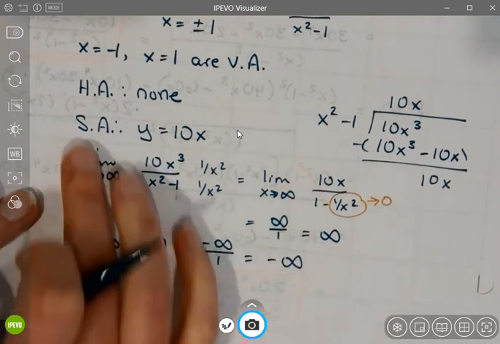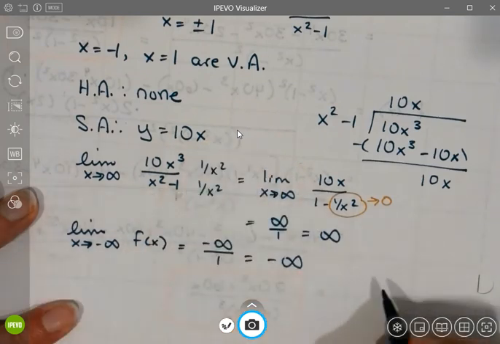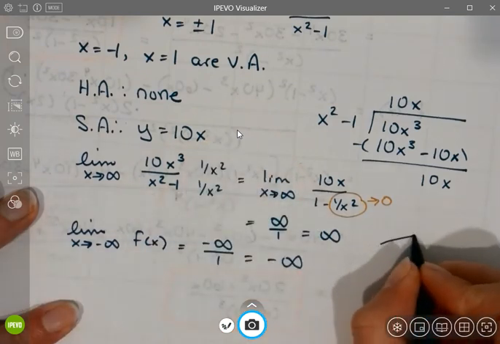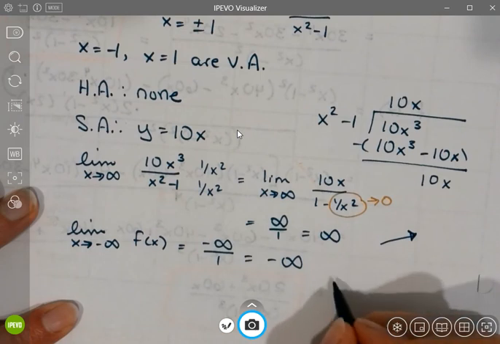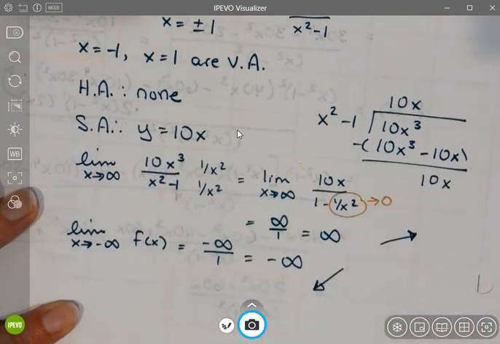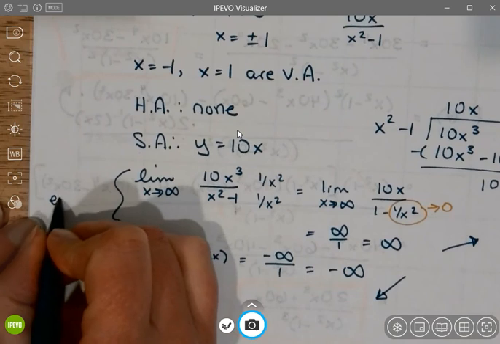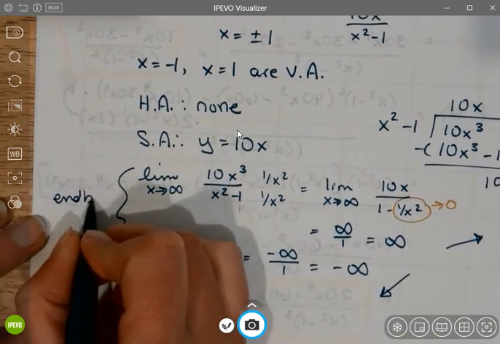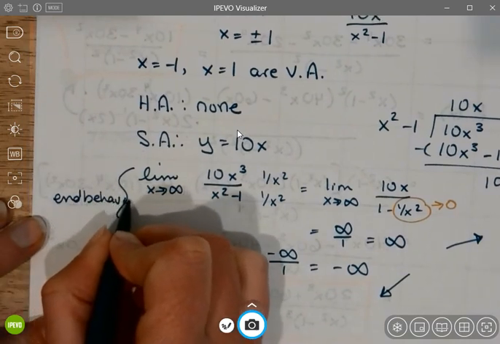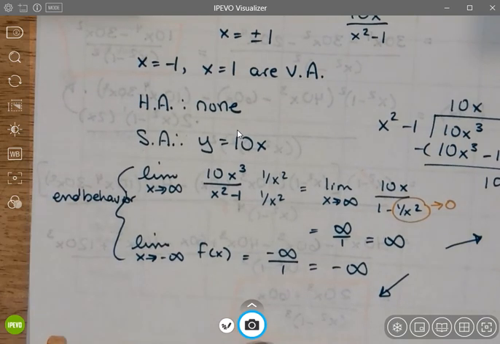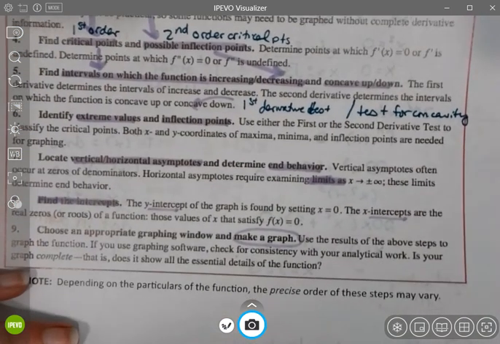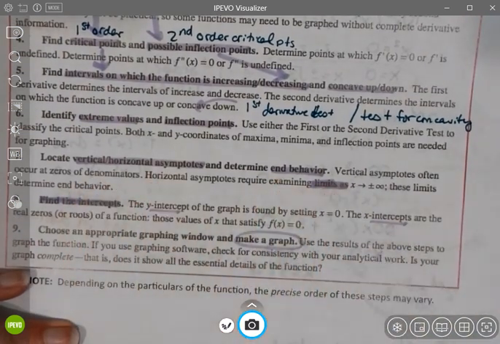So now I know I'm going along my slant asymptote, and I'm going up on the right end, and I'm going down on the left end, because as I go to negative infinity on x, I'm going to negative infinity on y. Okay, so that's the end behavior section. And that was grouped in our chart, remember, with the asymptotes. It asks us to talk about asymptotes and end behavior.